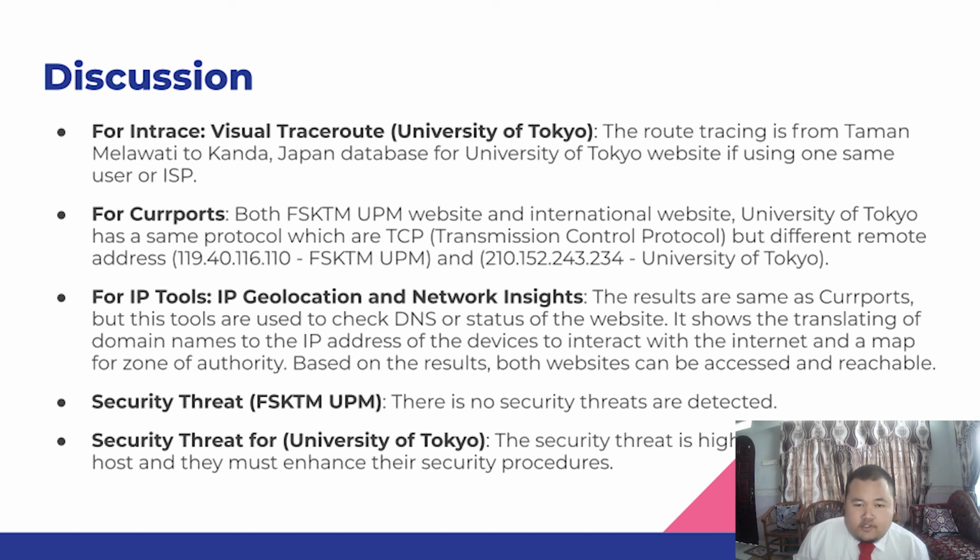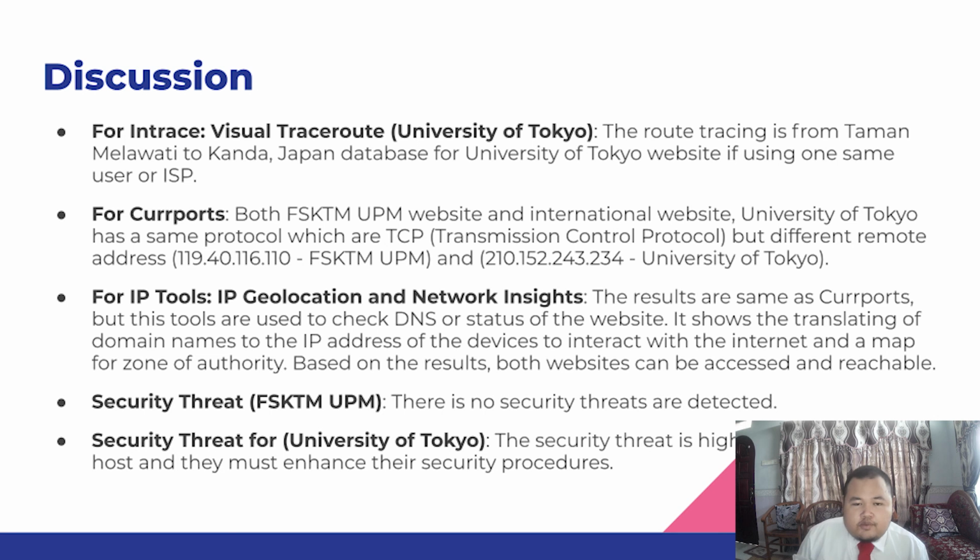Last but not least, for IP tools, the results are the same as Currports. However, this tool is intended to verify the website's DNS or status. It includes a map of zones of authority and a translation of domain names to IP addresses of devices that interact with the internet. Both international and local websites can be accessed and reached based on the results.